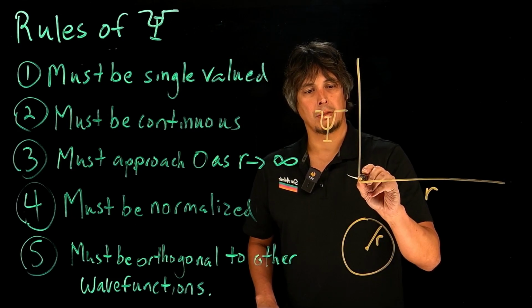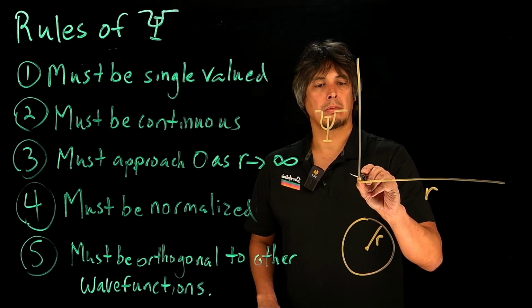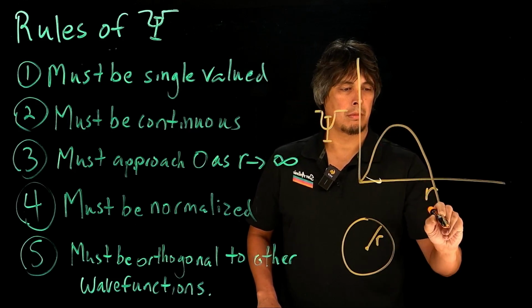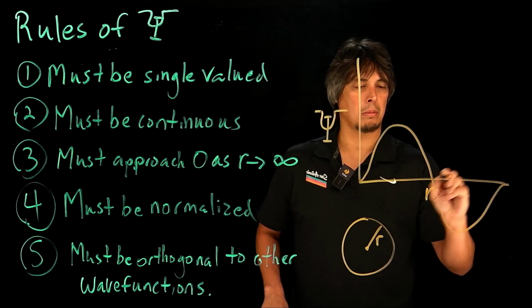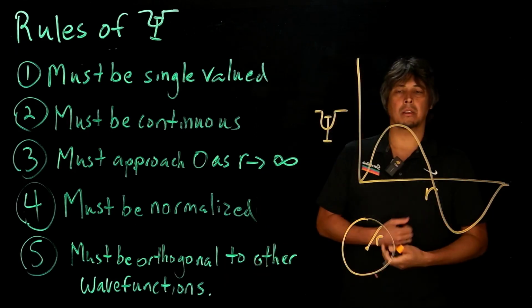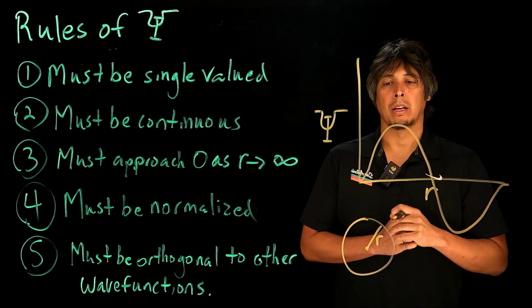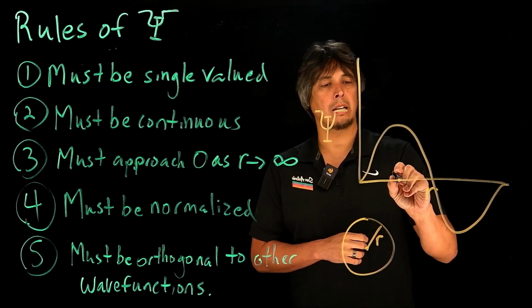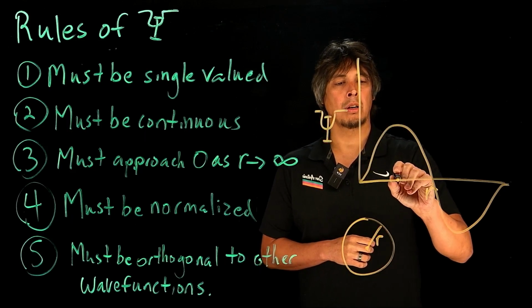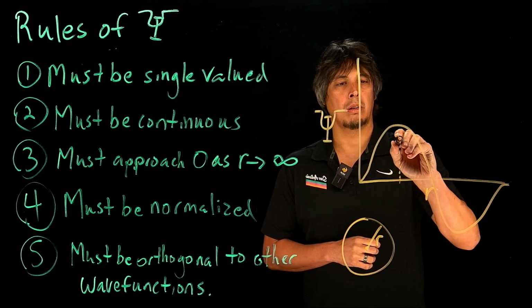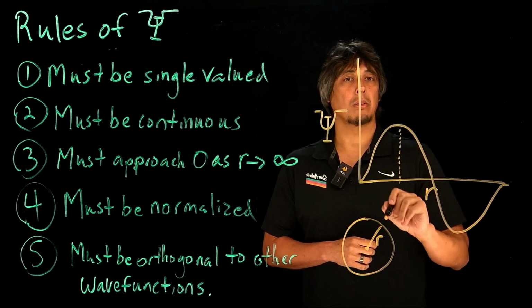Okay. Now, an acceptable wave function will be single valued. So, for instance, if we draw a sine function, it looks something like this, right? Okay, we expect this would be a single valued function. A single valued function at any value of r, in this case, there's only one value associated with that.